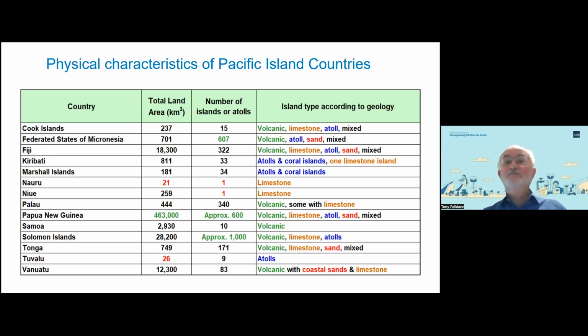In terms of island type, there's quite a variety there too, which you can see in the fourth column. They vary from volcanic to limestone to atolls, and those with mixed geology.